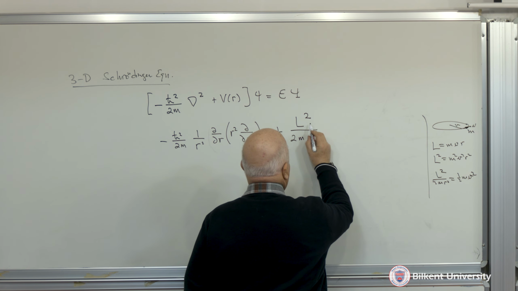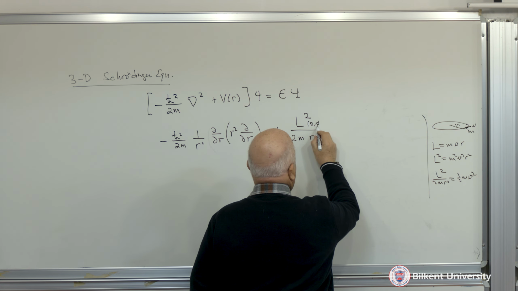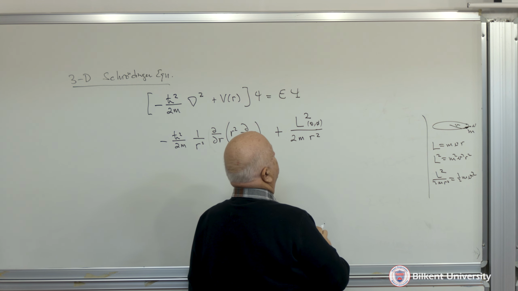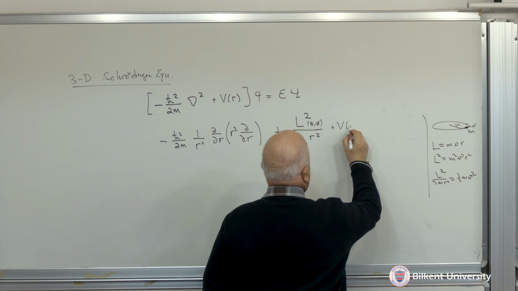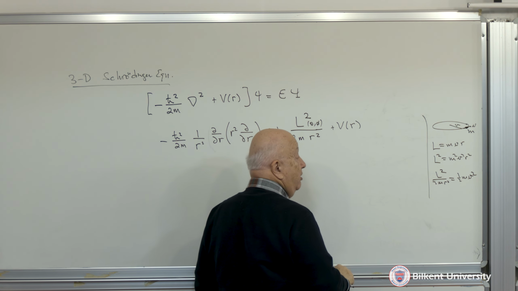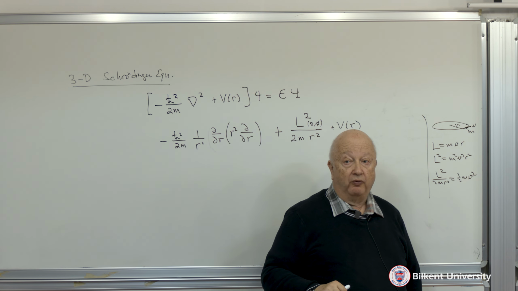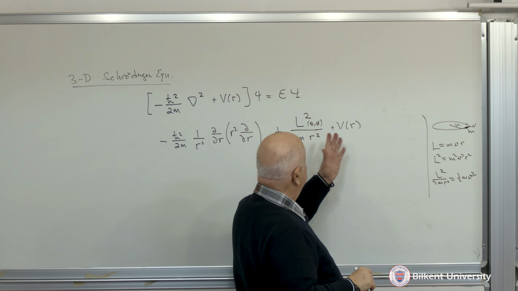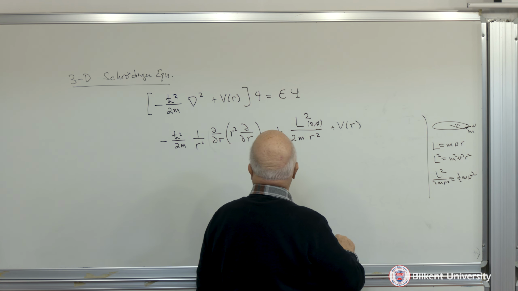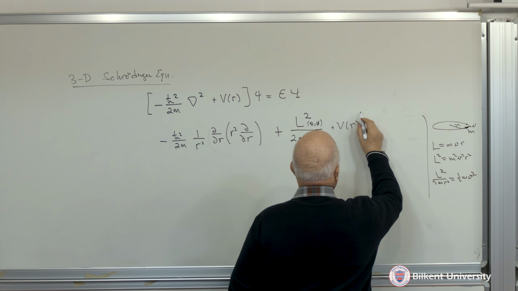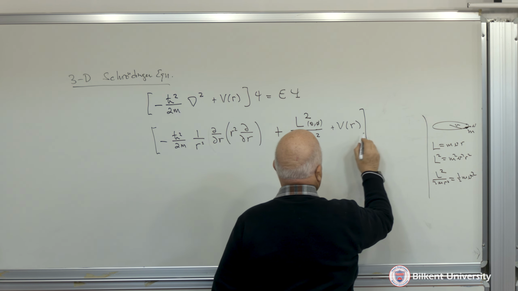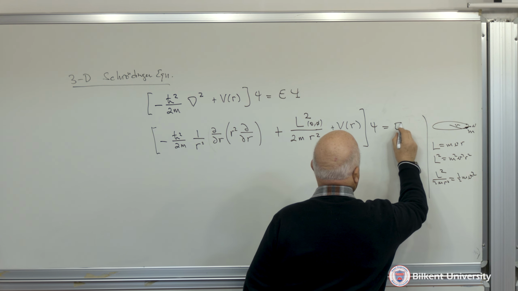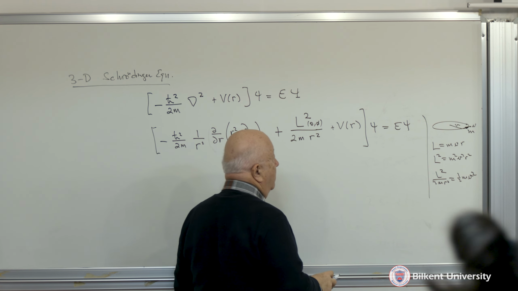So this is the part that contains the theta and phi derivatives. And then I have plus V of r. Remember, this r cannot contain any theta or phi, otherwise I cannot do separation of variables. So all of this is the left-hand side of the Schrödinger equation, psi is equal to E psi.